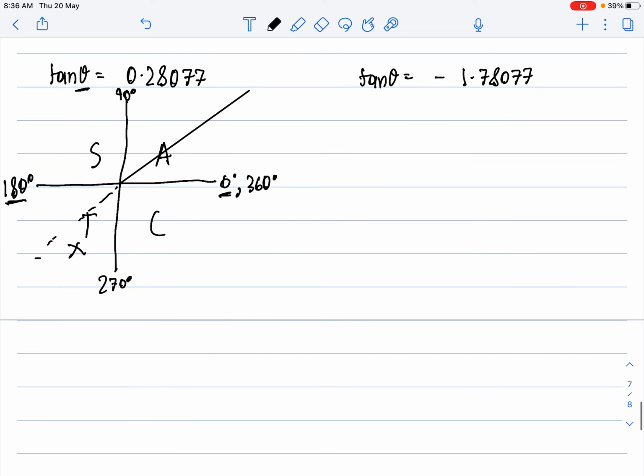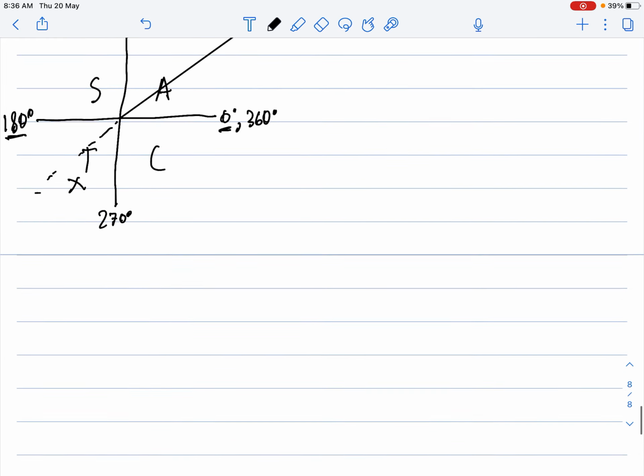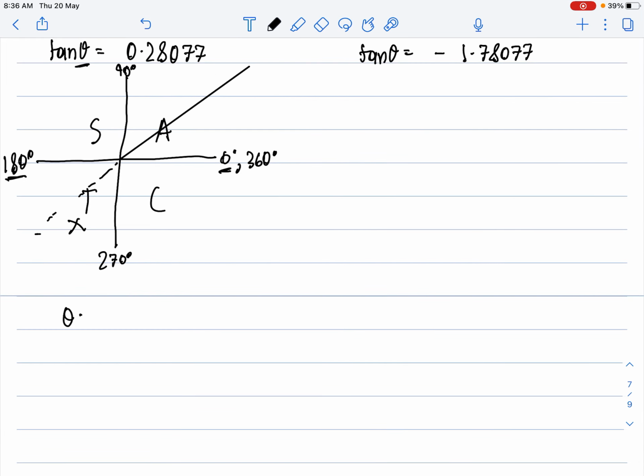So what I simply do is I do tan inverse, okay, of 0.28077. So the value I basically get here is theta equals to 15.7 degrees, which is basically the answer in the first quadrant. Okay, this is what I get.